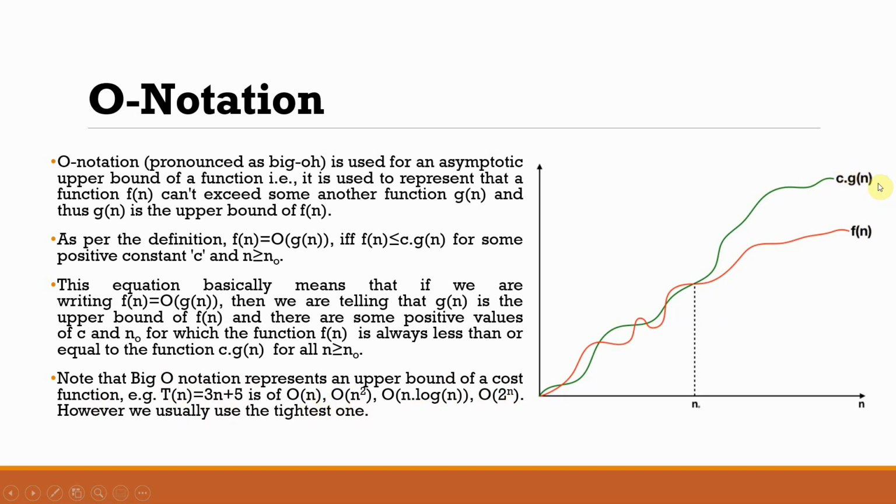All of them are going to dominate f of n at some point with the proper choice of c and n0, right? But we want to find the tightest one. So here we say that the big O notation of this function is order of n. Okay, so we don't want to go with the higher order terms.